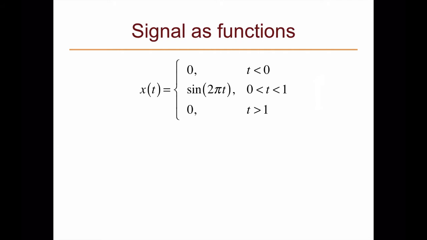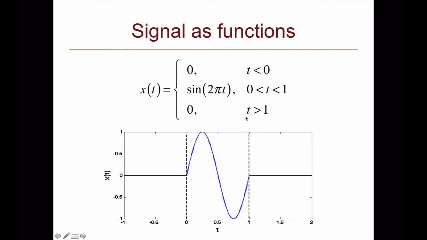We can write signals as functions. For example, this signal has 3 intervals. The first interval is when the time is before 0, the second interval is when the time is between 0 and 1, and the last interval is when the time is more than 1. So the graph of this will contain 3 intervals.